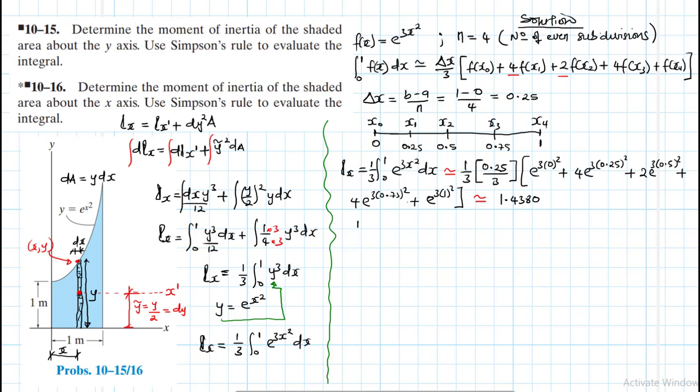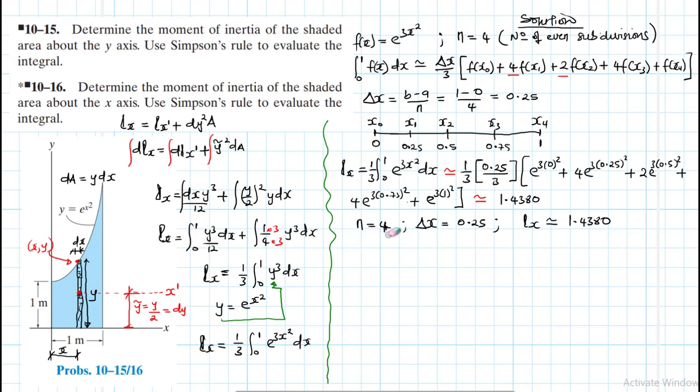So for n equal to 4 subdivisions, where our delta was 0.25, we found that Ix is approximately equal to 1.4380.